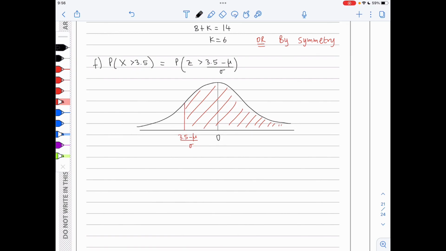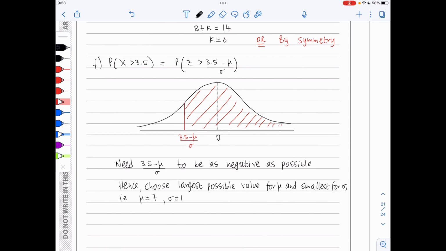So we want to make 3.5 minus mu over sigma as negative as possible. For this to happen, we need mu to be as large as possible and sigma to be as small as possible, and this will happen if mu is 7 and sigma is 1.